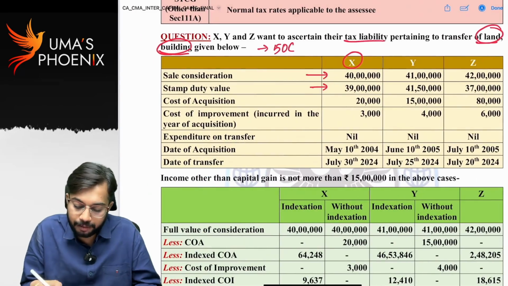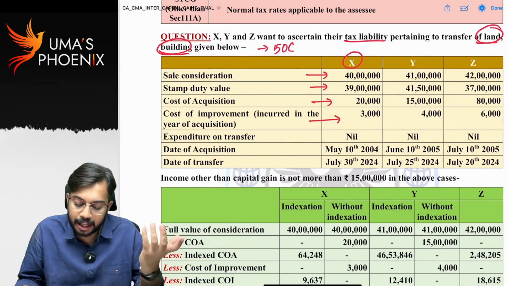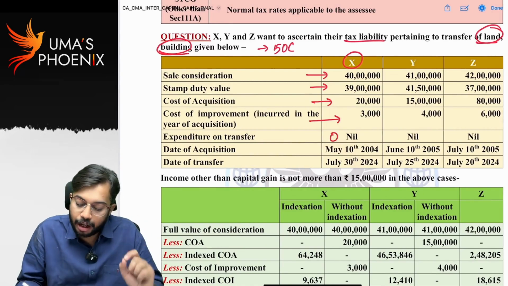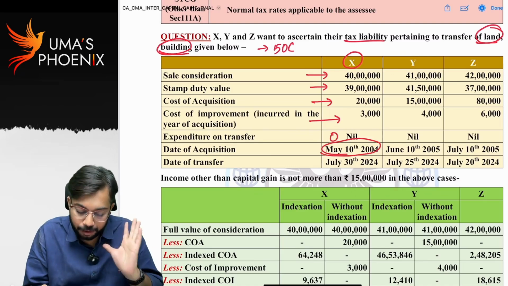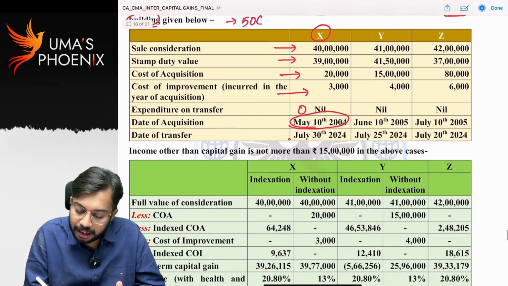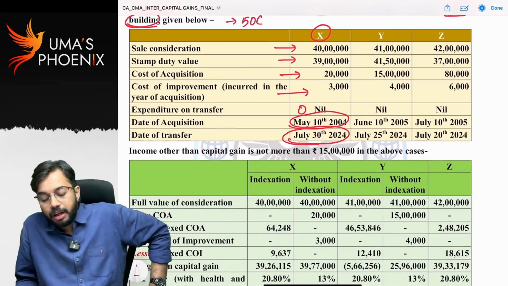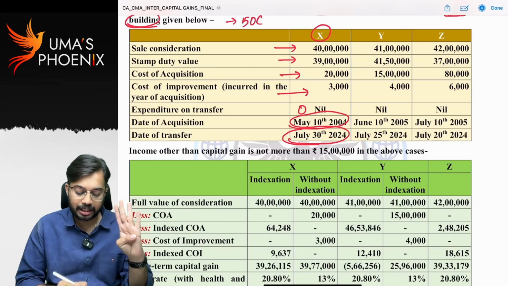Good. Cost of acquisition 20,000. Cost of improvement 3,000. Transfer expenses are 0. Date of acquisition, when this was purchased? May 10, 2004. When this was transferred? July 30, 2024. Now, let us see whether the 4 conditions are satisfied or not. What is condition 1?